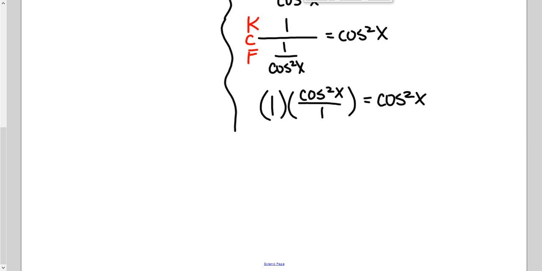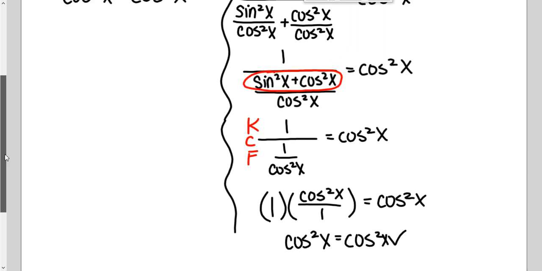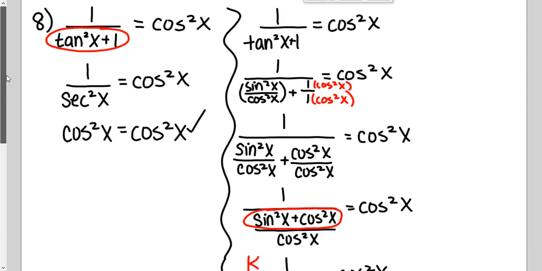Cosine squared times 1 is cosine squared, and so I just have cosine squared, which is what it said I should have. Okay, but you're seeing how much quicker, look how much work that was, and how much quicker just knowing my Pythagorean identities is. Okay, that first option is so much faster.